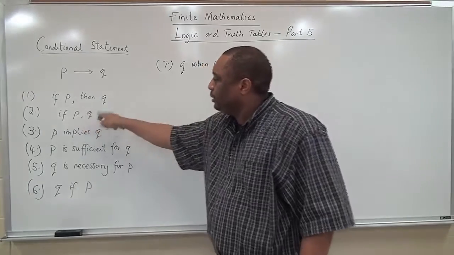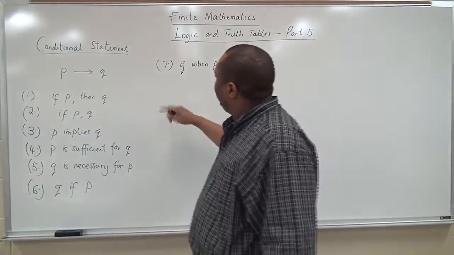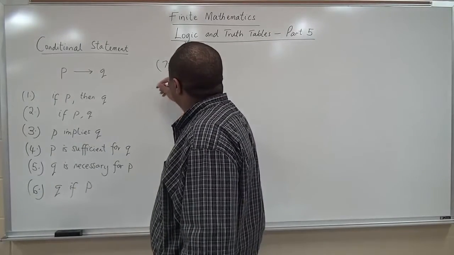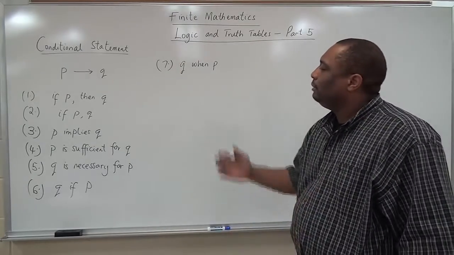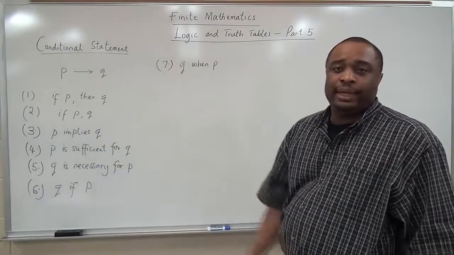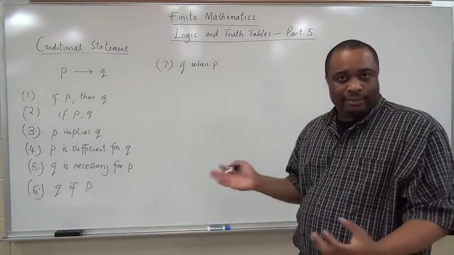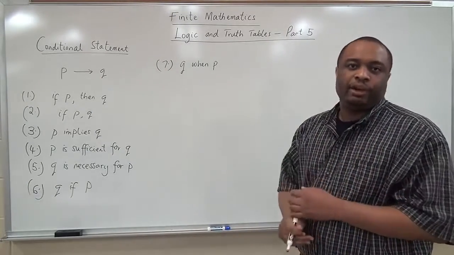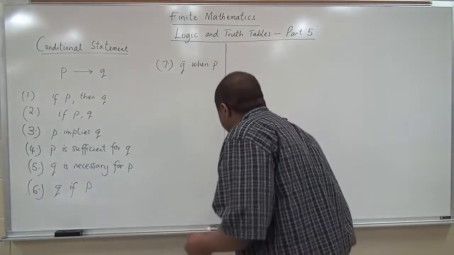This is if P, Q. But this one is Q if P. The next one is Q when P. These are some of the ways you can write this statement. Now, we are going to give an example, then we can go to variations of a conditional statement. So let's go ahead and give an example.